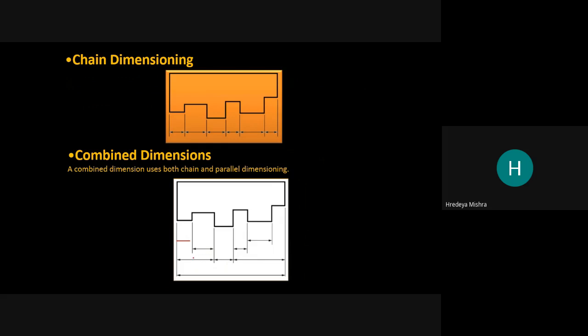So what happened? We just subtract this dimension from this dimension to get this dimension. In combined dimensioning all dimensions are given, but we need some calculation to find out all the dimensions.